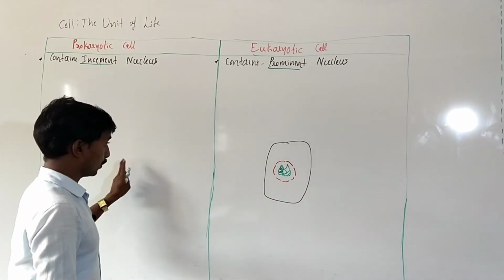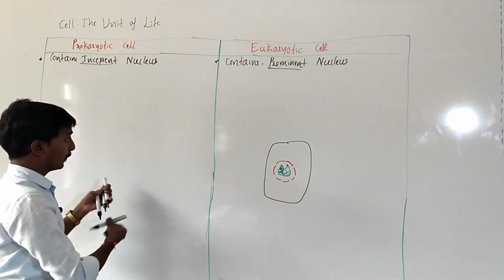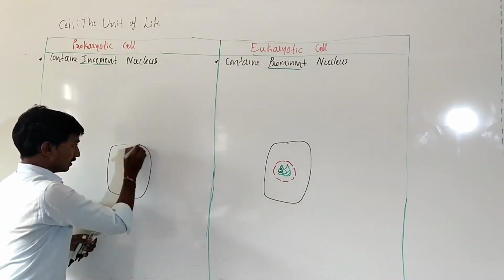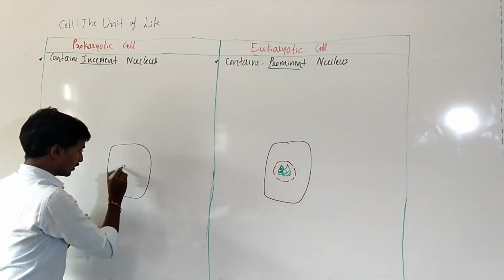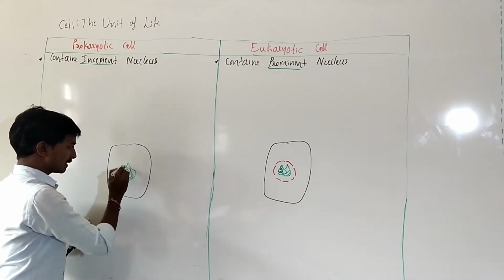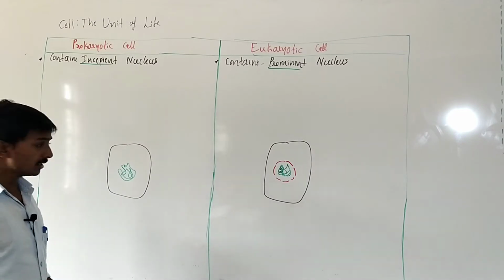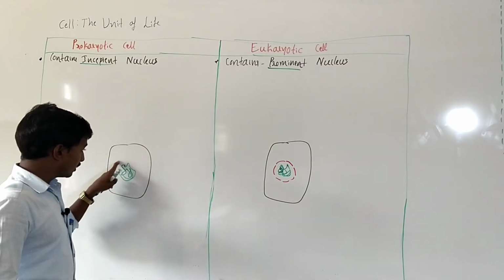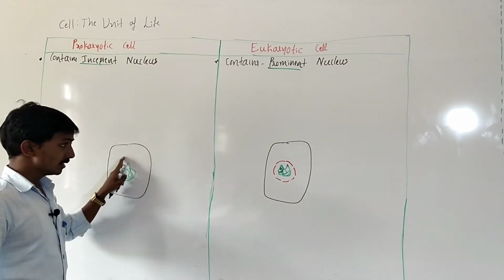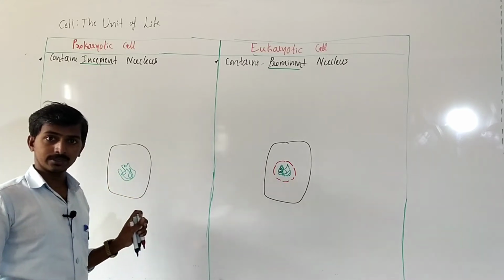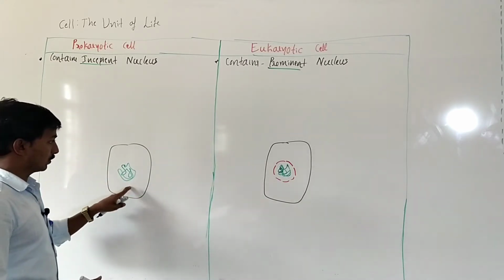But in case of prokaryotes, there is genetic material, a circular single chromosome, but it is not covered by a nuclear membrane.